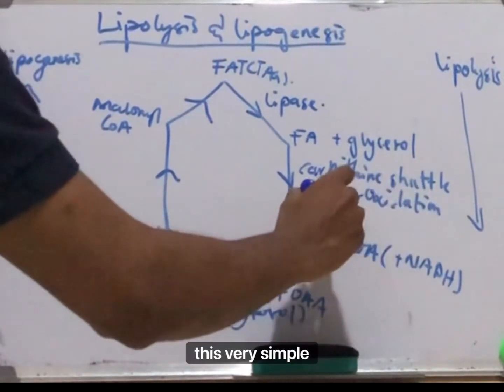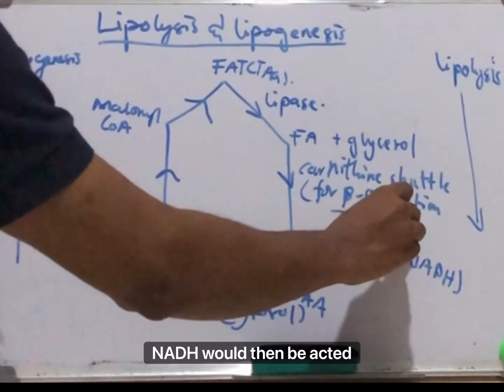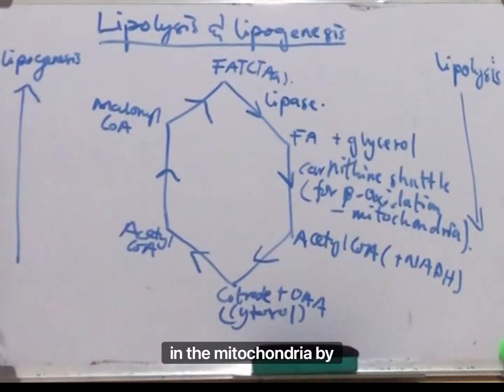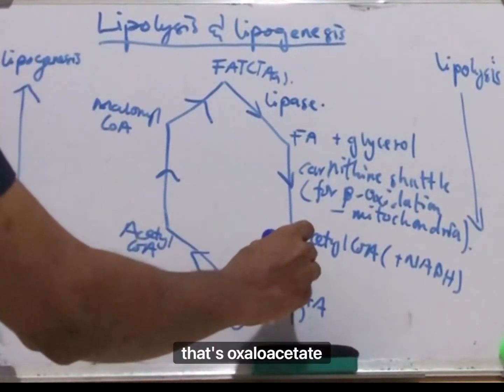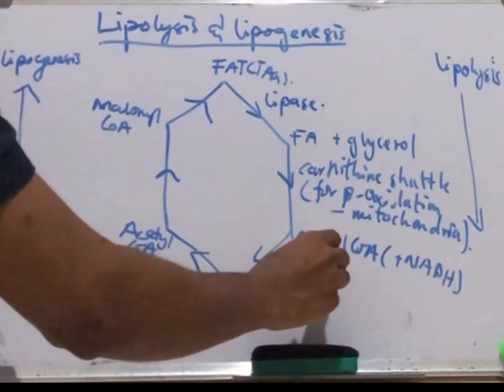This is very simple. Acetyl-CoA plus NADH will then be acted upon in the mitochondria by OAA, that's oxaloacetate, to form citrate plus oxaloacetate.